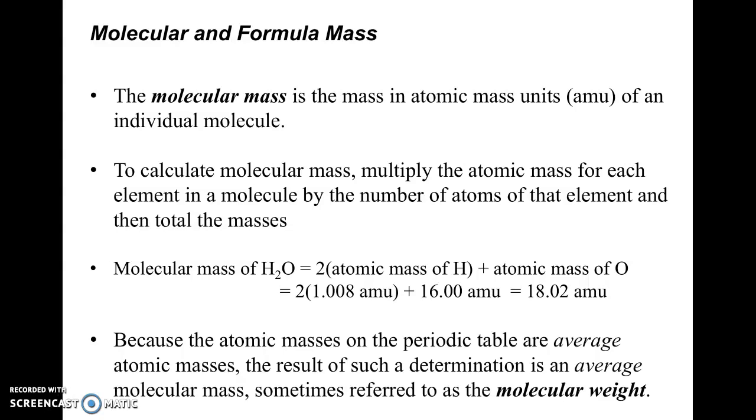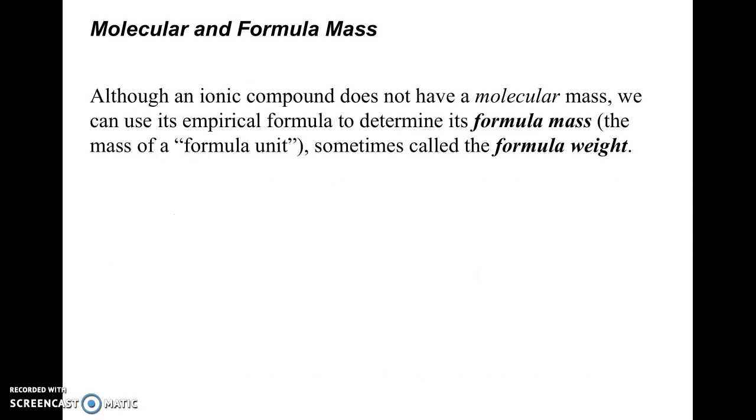The atomic masses on the periodic table are the average atomic masses, so therefore what you are going to get is the average molecular mass, and sometimes that's called the molecular weight. All right, so sometimes an ionic compound does not truly have a molecular mass.